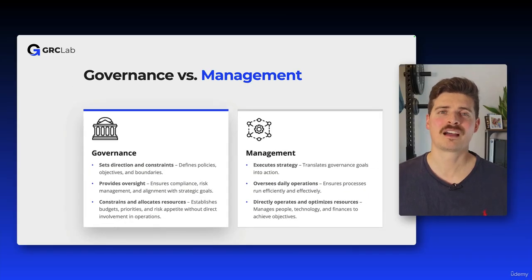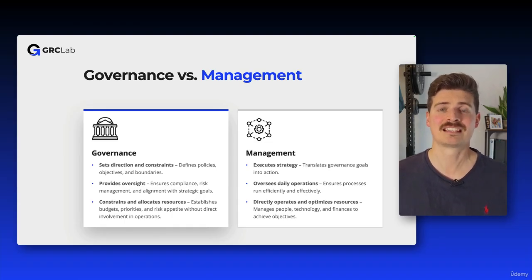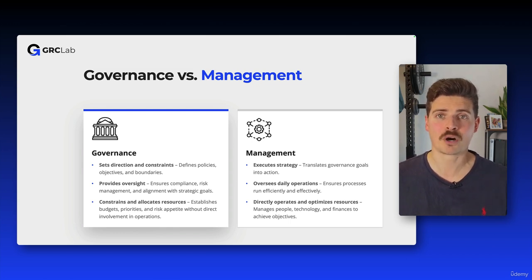Now, first of all, I think it's important to talk about the difference between governance and management. Governance and management work together, but they play very different roles. Governance is about setting the rules and boundaries that guide an organization. So it's an indirect way of steering the business by defining policies, setting objectives, and making sure everything aligns with legal and strategic goals.